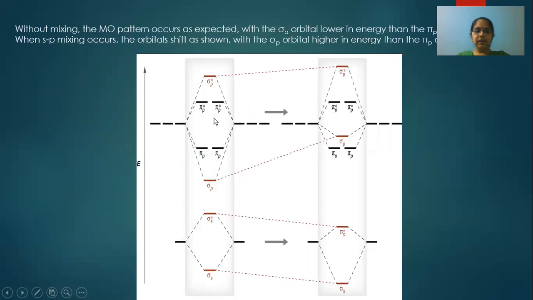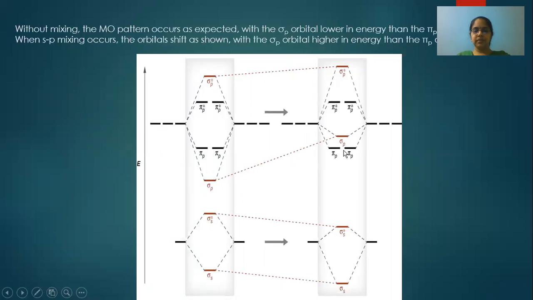See, this is the molecular orbital energy level diagram without sp mixing. That means this is the general energy order in the molecular orbitals: sigma 2s, sigma star 2s, after that sigma 2pz, pi set and pi star set, and sigma star 2pz orbital. Whereas in the molecules where sp mixing is prominent, the energy order is different.